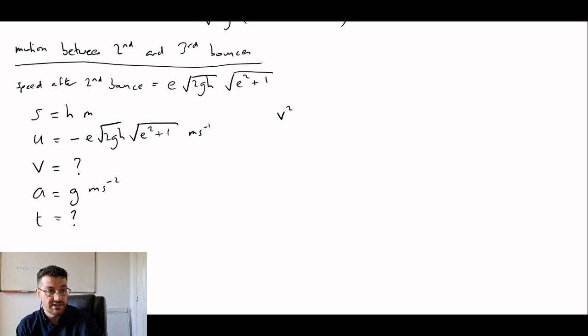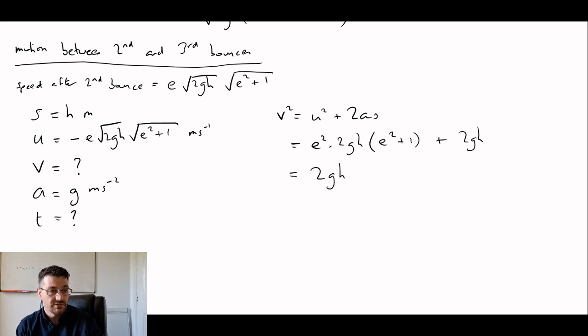So again, v squared equals u squared plus 2as. So this is going to be e squared times 2gh times (e squared plus 1), plus 2gh, which is equal to 2gh times (e to the 4th plus e squared plus 1).